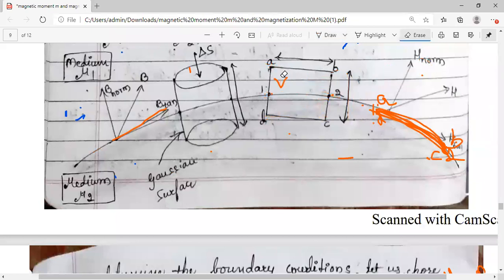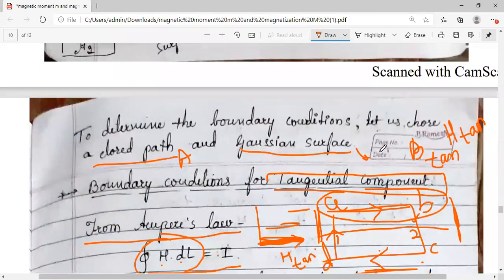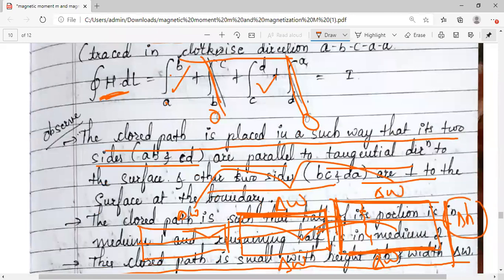Even though they are coming and sitting on line 1 2 only, see the direction we have assumed. One line's direction is in this way, CD line's direction is opposite. So I cannot say that the line integral is the same. The directions are different. That's why the vertical sides we have not considered. We have made them 0.